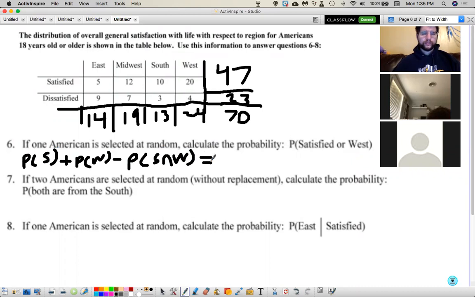So let's see. Probability of satisfied is 47 out of that 70, plus west was 24 out of the 70, minus satisfied and West was 20.